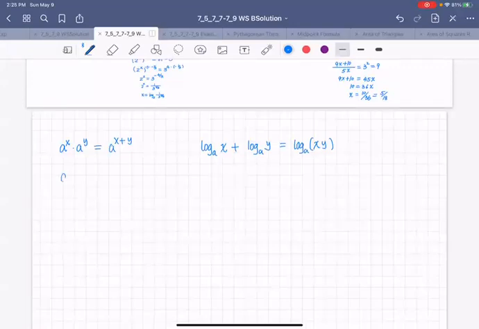If we have a to the power x divided by a to the power y, this is a to the power x minus y. And then we have log a x minus log a y equals log a of x over y.